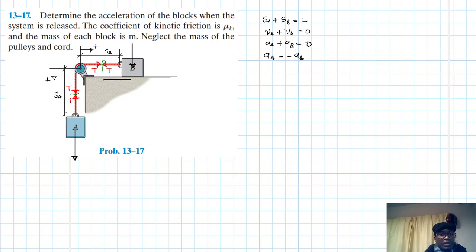Therefore, our friction will be in this direction like this, and we have the normal force. Okay, so this is NB and this is Fk. This is WB, which is just equal to MBG, and this is WA, which is equal to MAG.